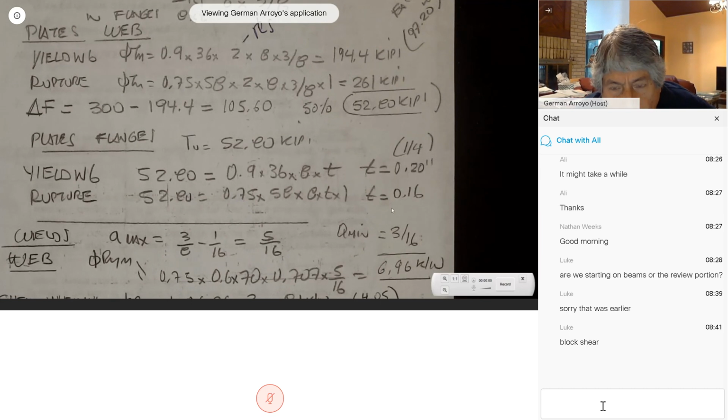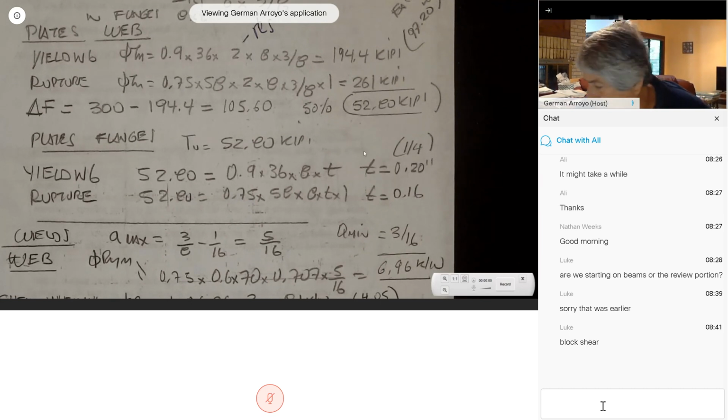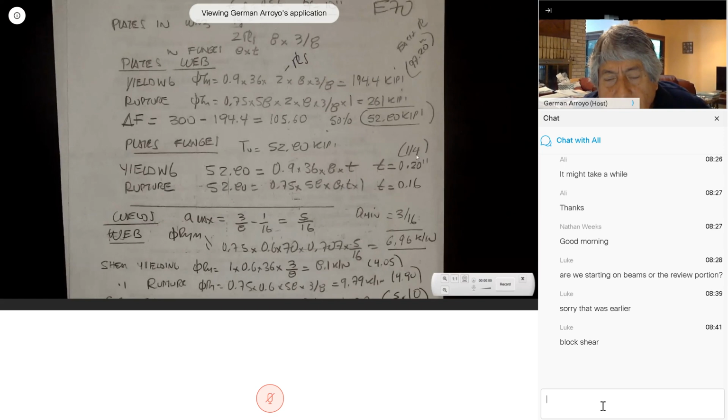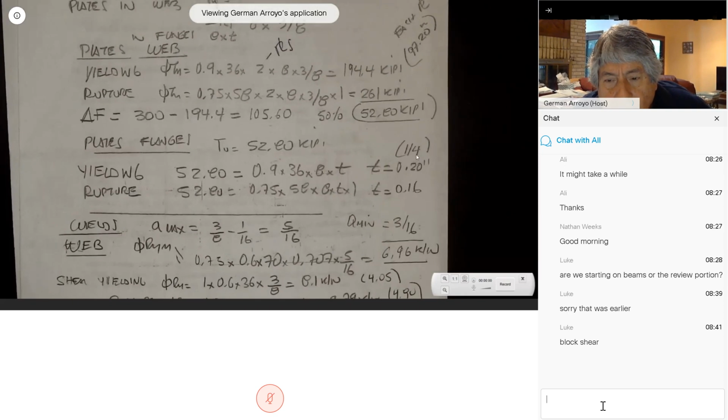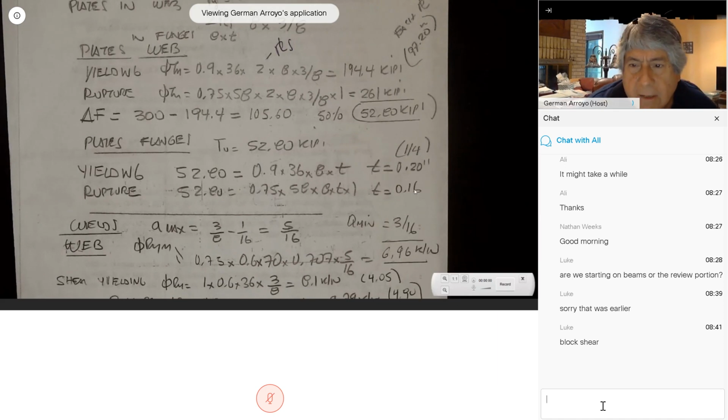So it's obvious that the largest one controls, I have to have a quarter inch plate on the top. Otherwise, it's going to fail. So of these two, 0.20 and 0.16, I went with a quarter inch. Any question up to this time?